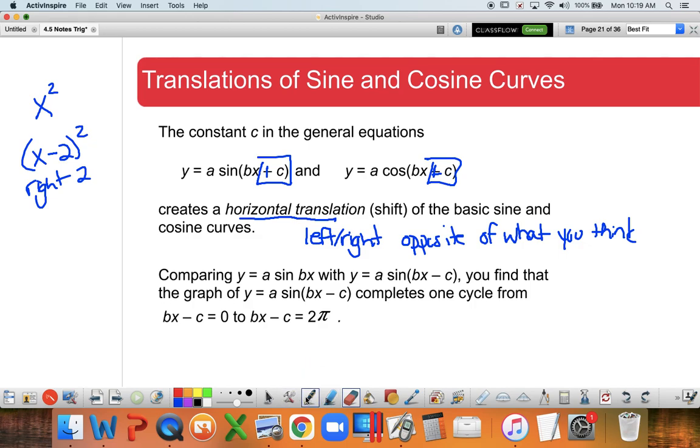Well, you can use this rule of thumb. You can use Desmos. You can do a lot of different things. You will complete one full cycle of whatever curve you're studying, sine or cosine, if you plug into these equations and solve. Sometimes when you plug into these equations and solve, you might say, okay, I'm going to do one full cycle from -3 to -2.